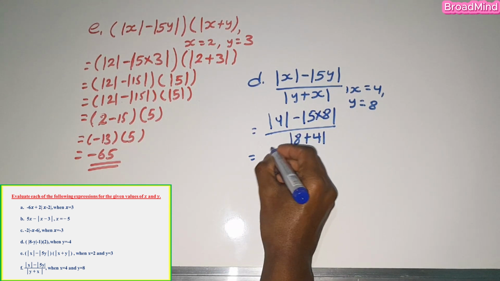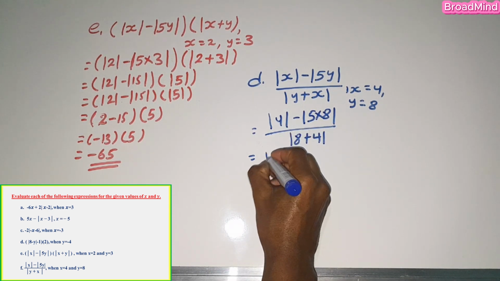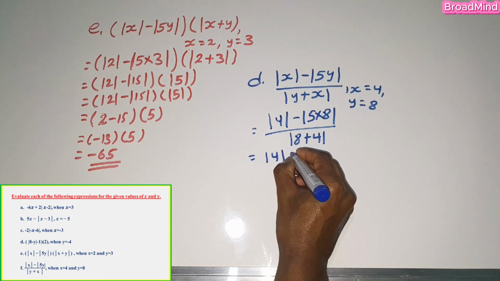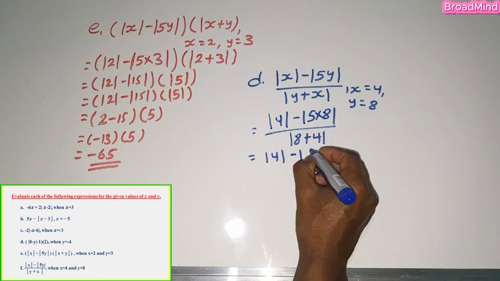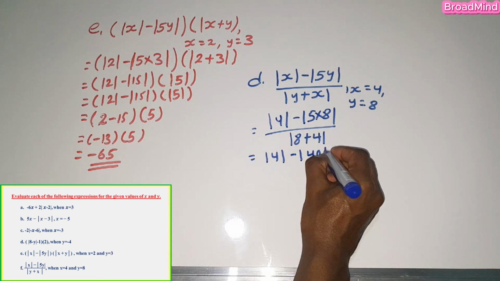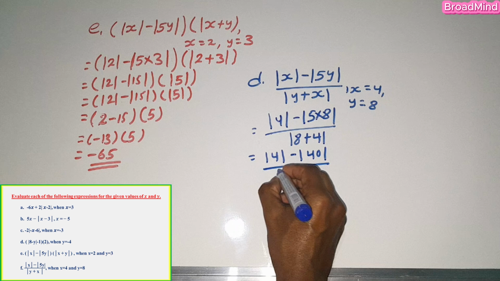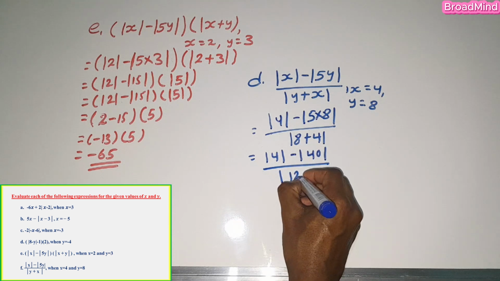Now absolute value of 4 minus absolute value of 5 multiplied by 8 is equal to 40, the whole divided by absolute value of 12.